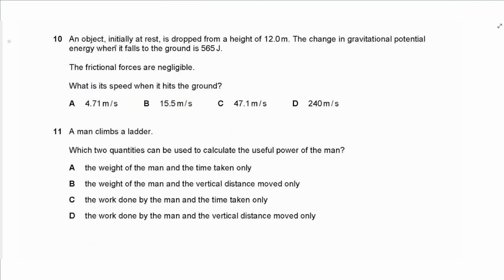Question 10 says an object initially at rest is dropped from a height of 12 meters. The change in gravitational potential energy when it falls to the ground is 565 joules. The frictional forces are negligible. What is its speed when it hits the ground? So we can use the conservation of energy. The initial gravitational potential energy plus the initial kinetic energy is equal to the final gravitational potential energy plus the final kinetic energy plus the wasted energy or losses.